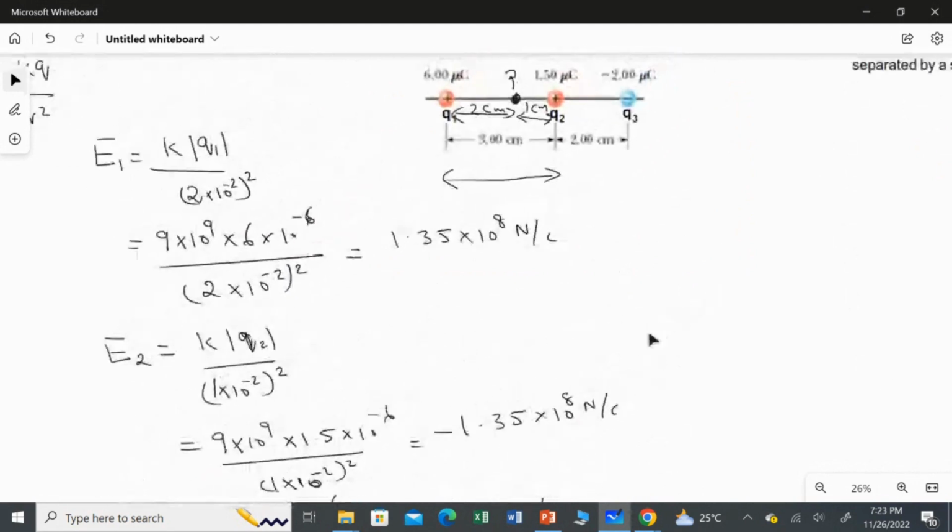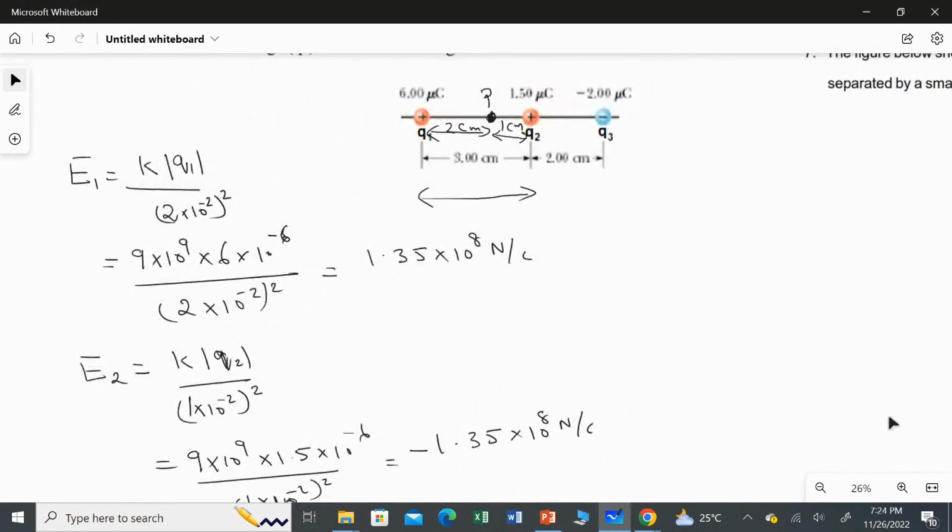Now how to find the net electrical field? That's a very, very important thing, because we are going to find the net electrical field at this point P by these three charges. The net electrical field is the combination of E1 plus E2 plus E3.